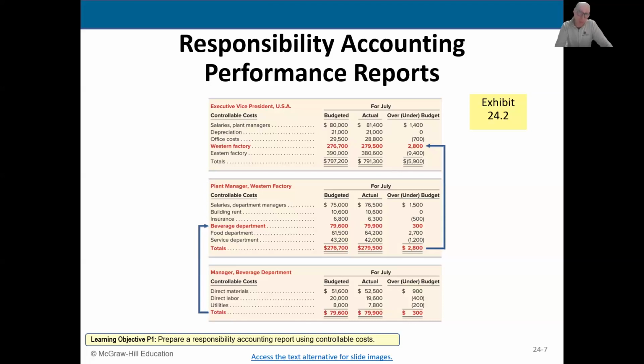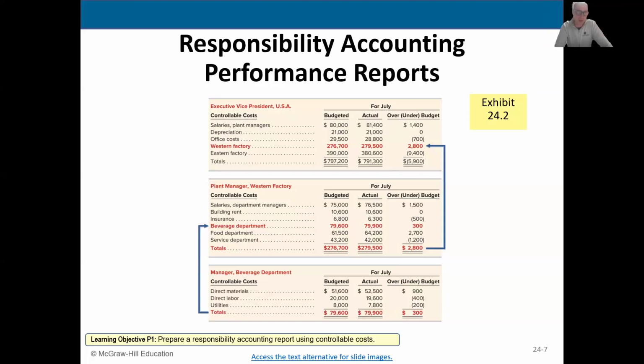So here we have the region. This particular plant manager is a part of the Western region. Region totals roll up to the executive vice president's budget.